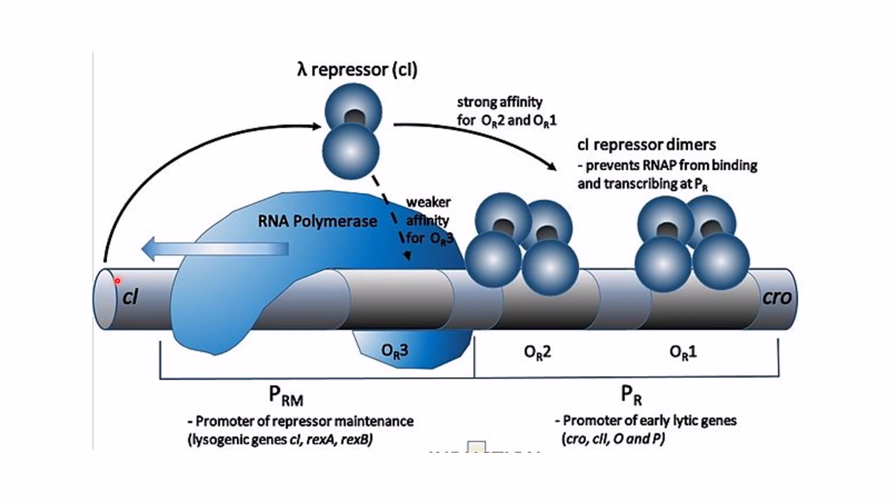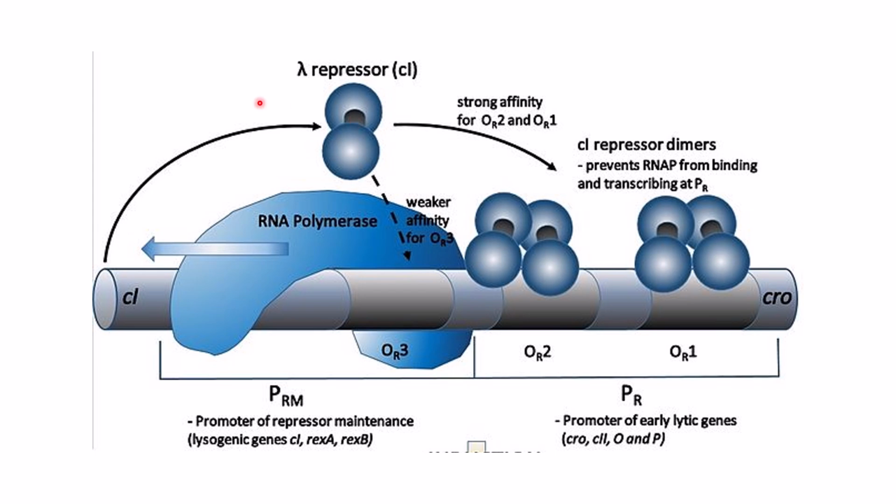Okay. Now at higher concentration, the PRM promoter has started synthesizing the CI repressor and it has reached a certain level, and there is a higher concentration of CI in the cell. So what will happen is the CI will bind to operator O3. CI has a higher affinity for operator 1 and a weaker affinity for operator 3.